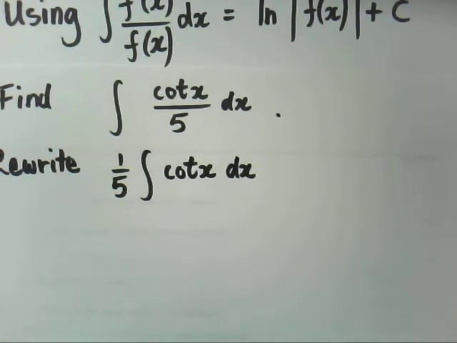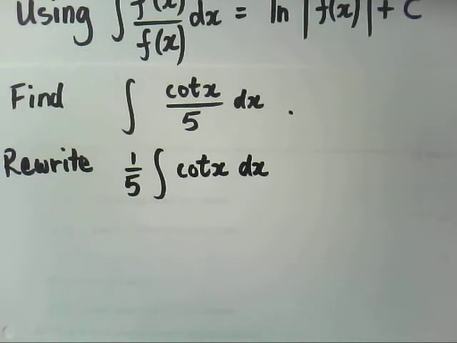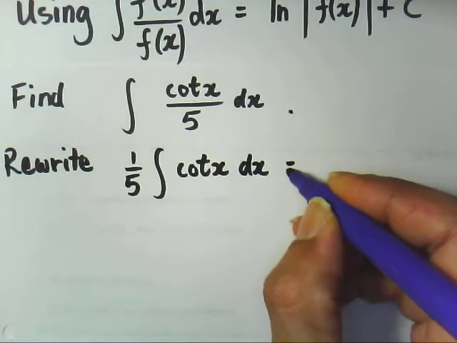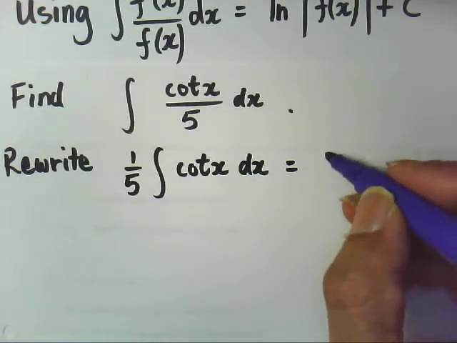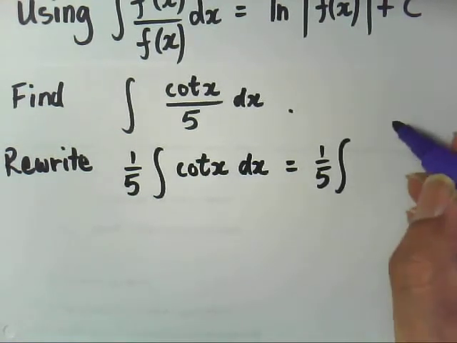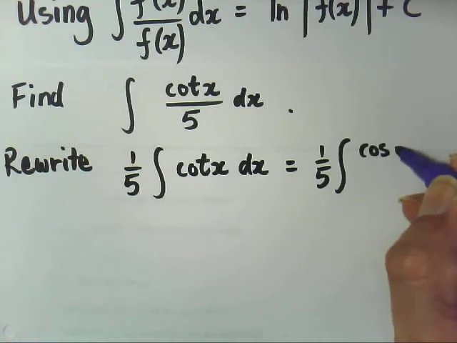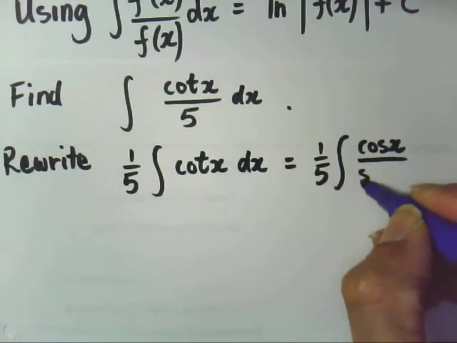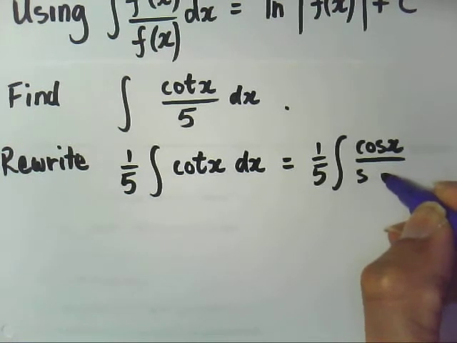Well, we might also remember from trigonometry that the definition of cot x would just be cos x over sin x.